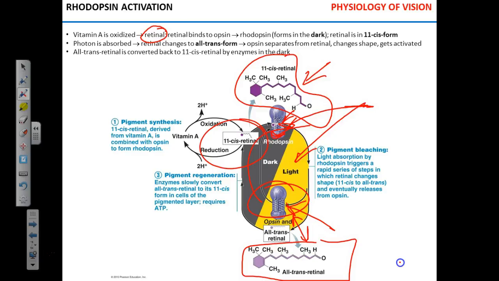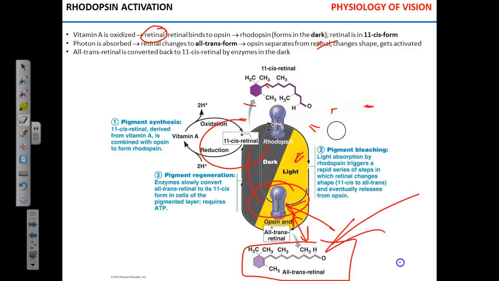11-cis is gone. This molecule is what absorbs the light. If this molecule is gone, how can it absorb the light? It's all changed, they're all out. Does that make sense? This is the form, the opsin with 11-cis retinol. This is the complex that can absorb light.